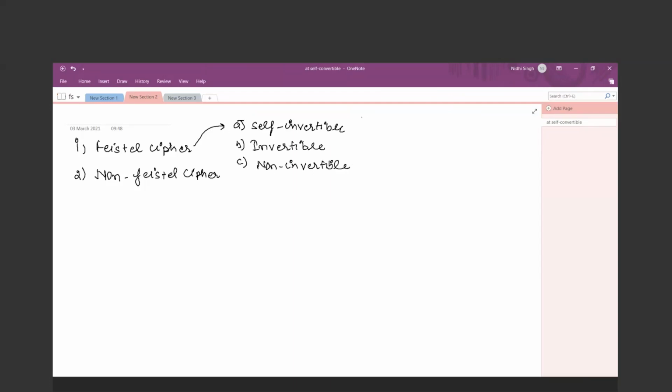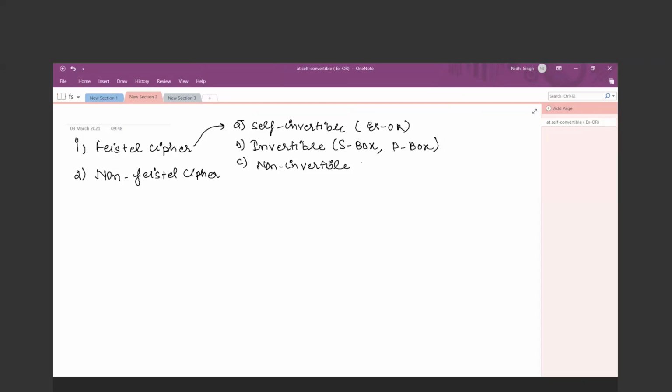So for self-invertible components, we do not need to use our mind, they are just complemented, like the XOR operation. And for the invertible component, we have to do some computation. So an S box having the same number of bits in the input and in the output will be considered for invertibility, and for the P box we have to use a straight P box.